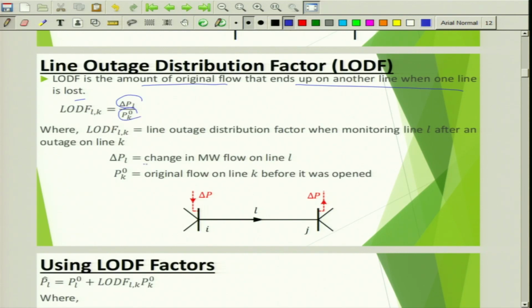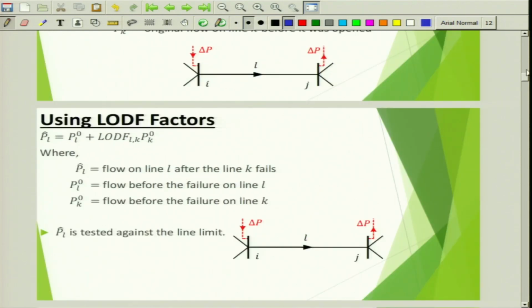So delta PL is the change in megawatt flow on line L, and PK naught is the original flow on line K before it was opened. This can also be expressed in terms of LODF.